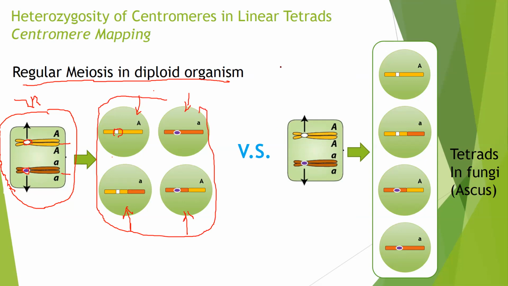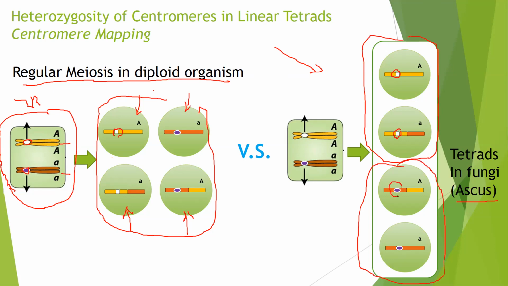But when we look at a haploid organism, like Neurospora, after the meiosis, the 4 haploid progeny will be nicely held together within this ascus, such that we know this half of the progeny will carry one type of centromere, and this half will carry another type of centromere from the other parent.